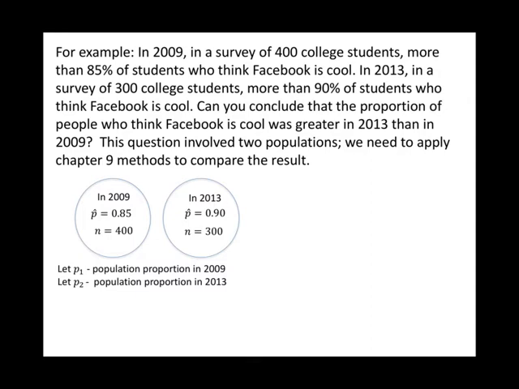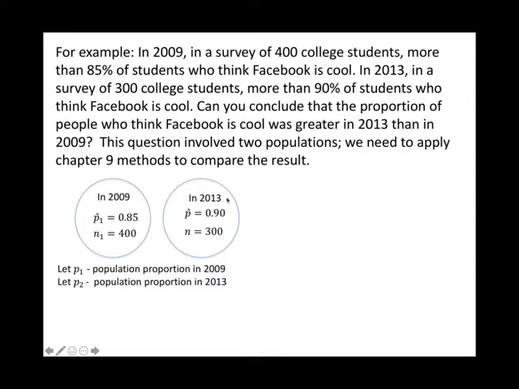Okay, after you let the P1 and P2, you could change the notation in here. Since this is gonna be my P1, I will use n1 equal to 400. And the sample proportion, I will change to p1 hat also. Okay, sample proportion 1 equal to 0.85.